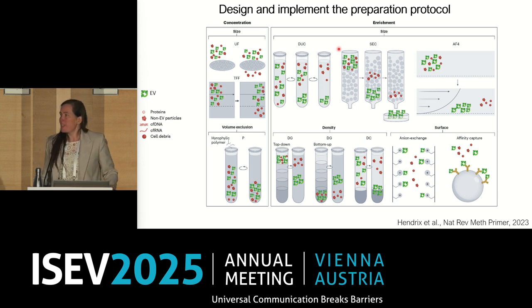Also for this, different types of biophysical and biochemical characteristics can be exploited. Most commonly, these exploit size, density, or surface characteristics such as the charge or the presence of surface antigens.